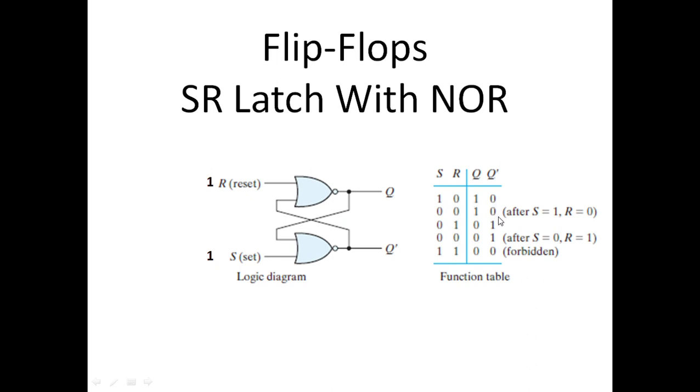We got 1, 0 when 0, 0 was provided because the current state was 1, 0, but later when 0, 0 was given, we got 0, 1 because the current state was 0, 1. The current state changes, so the input produces a different output, because the output depends not only on the current input but also on the current state or the previous output of the latch.